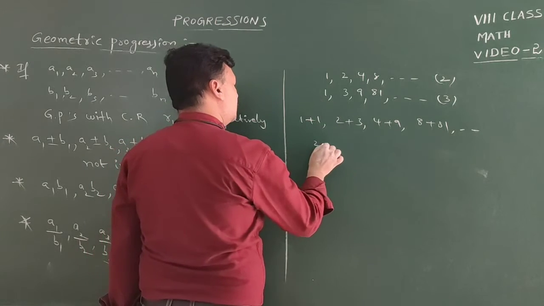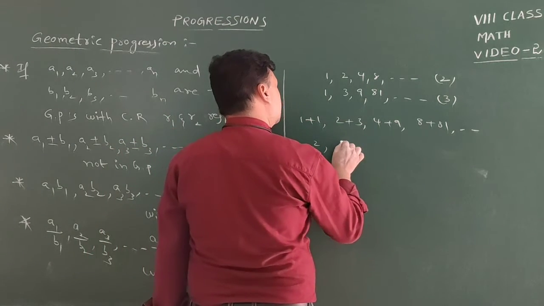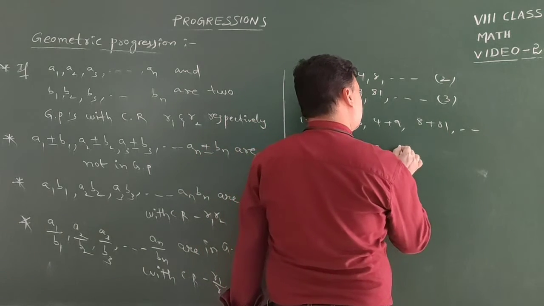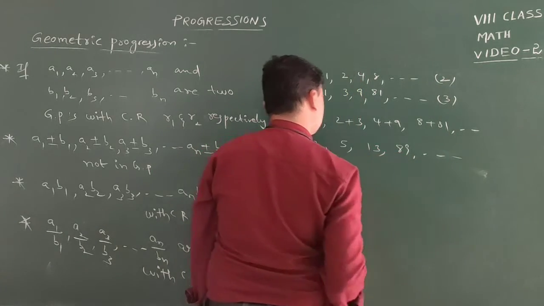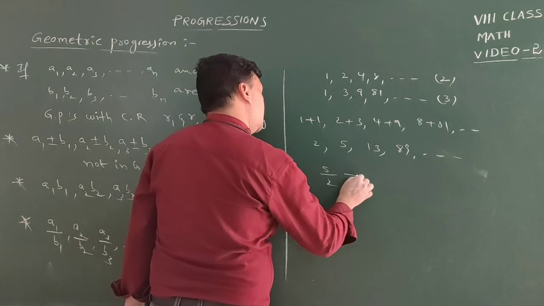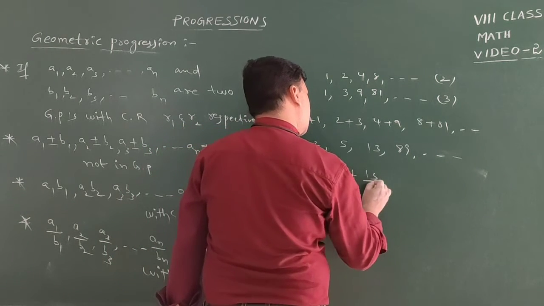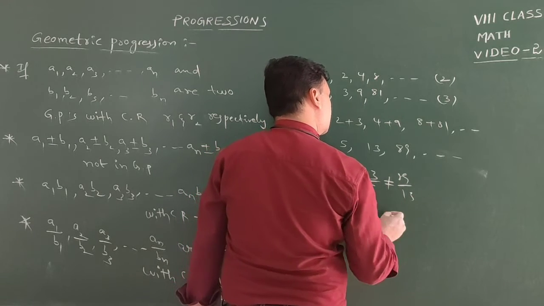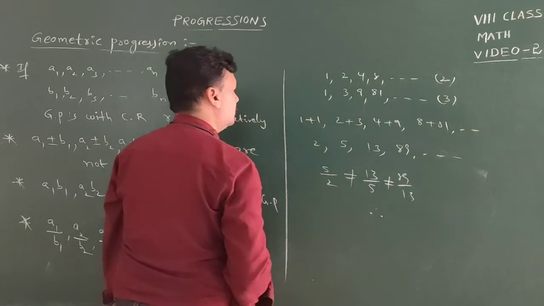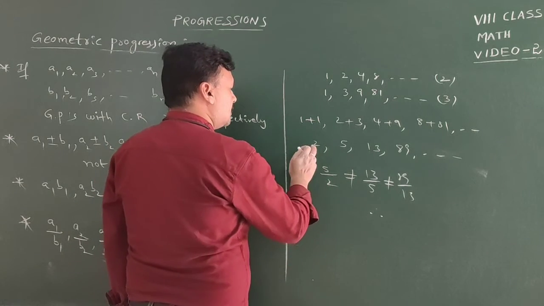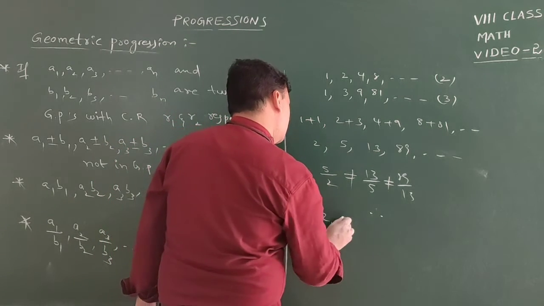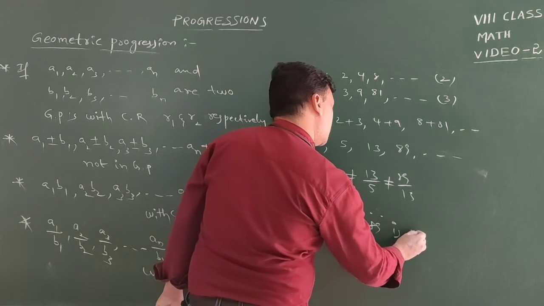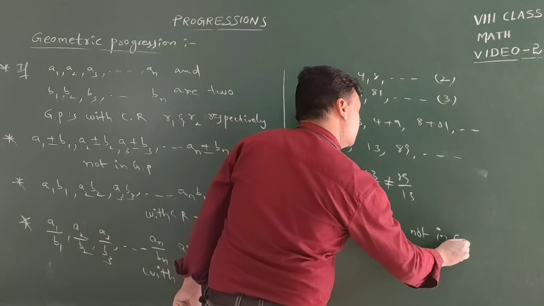That gives 2, 5, 13, 35. Here 5 by 2 is not equal to 13 by 5, which is not equal to 35 by 13. Therefore, the formed sequence 2, 5, 13, 35 is not in GP.